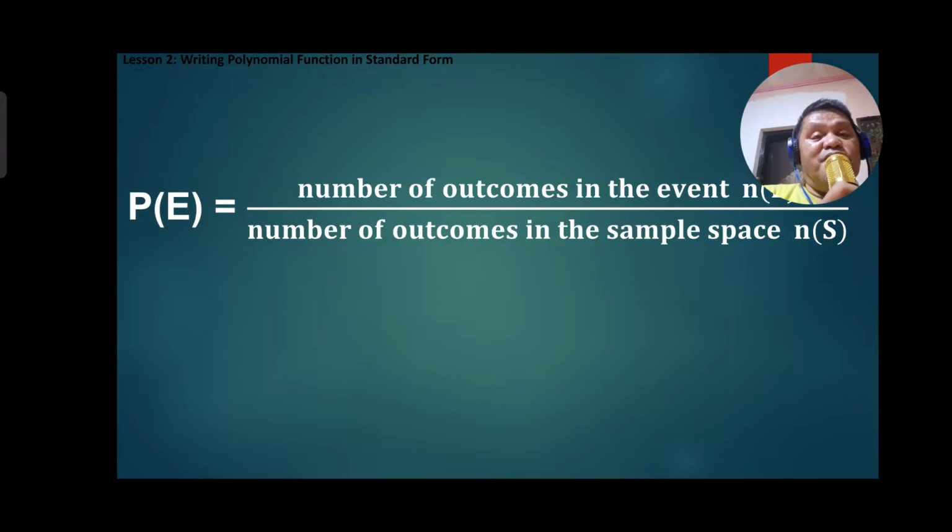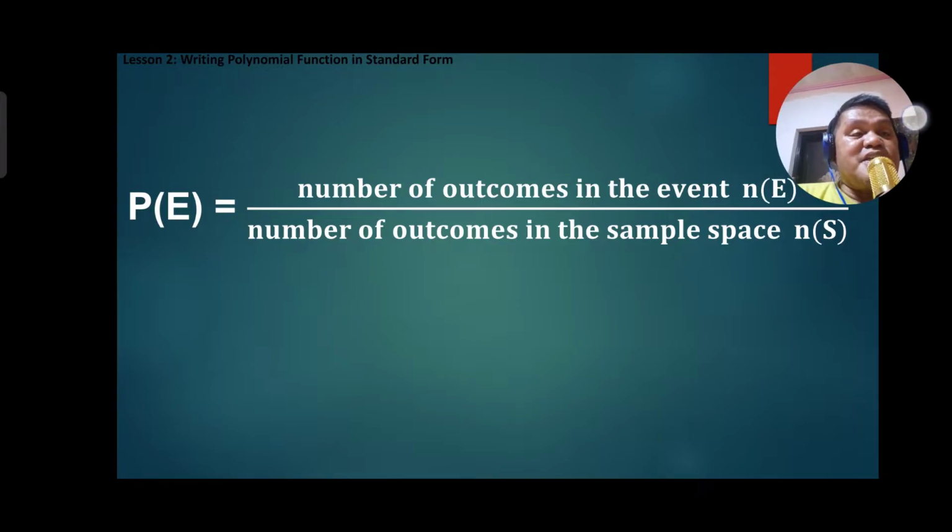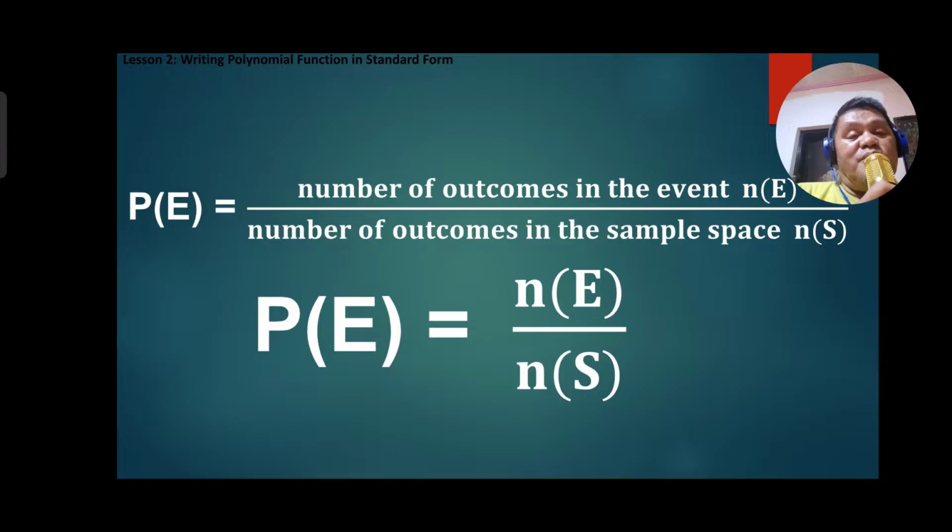So we have the formula in finding the probability of an event. It is equal to the number of outcomes in the event, given the symbol n(E), over the number of outcomes in the sample space, given the symbol n(S).